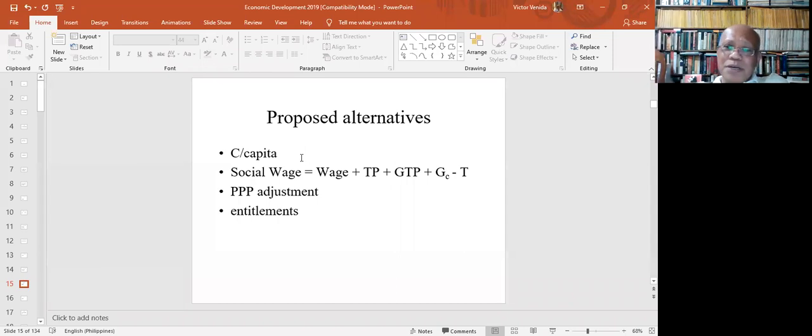Okay. Now, the purchasing power parity adjustment is based on the estimation done by the World Bank a few years ago, where they looked for a commodity that is common to all countries, to all societies, and that's usually carbohydrates.